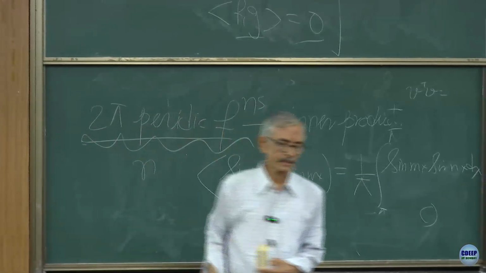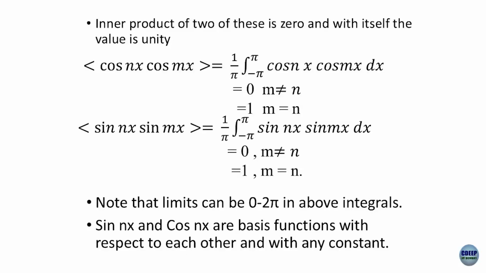So your trig identity has told you that the integral of cos mx cos nx, or sin mx sin nx, is going to be equal to 0 if m not equal to n. If m equal to n, it is equal to 1. Now what do you mean by these two functions being orthogonal?